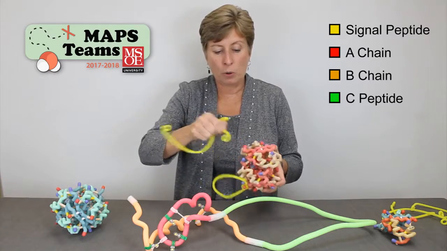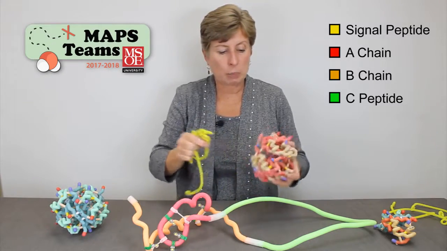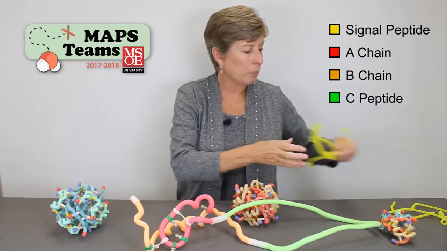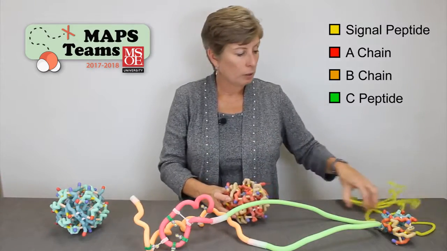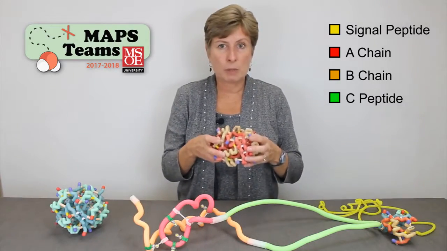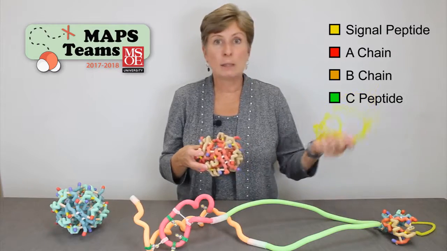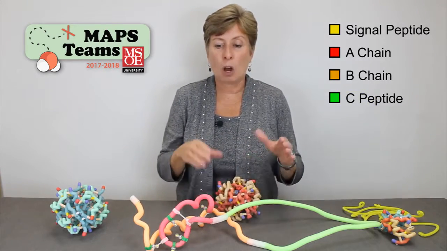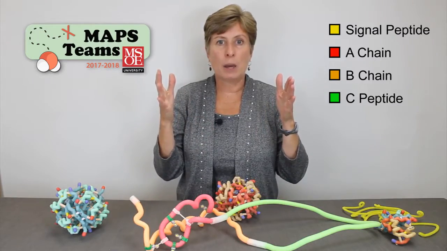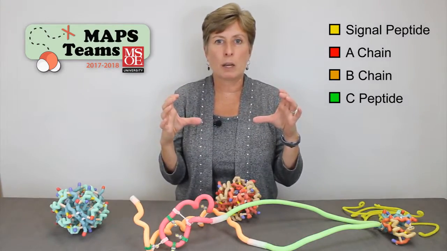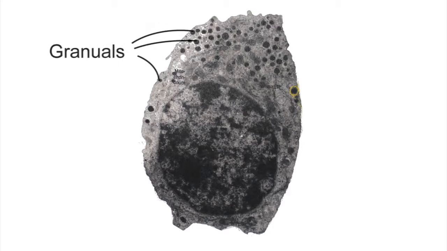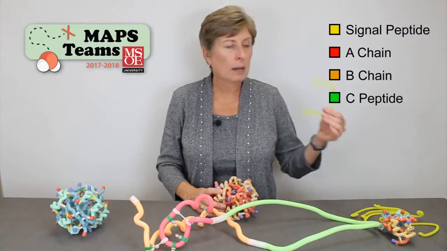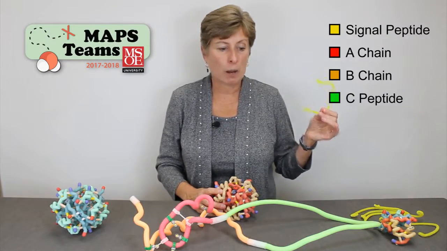So through the maturation process, you end up getting hexamers of insulin and a lot of C-peptides hanging around, okay? And hopefully you guys saw in that article, that figure from the article that I put on Schoology, what those insulin granules look like, okay? So there's a lot of these hexamers and a lot of these C-peptides floating around.